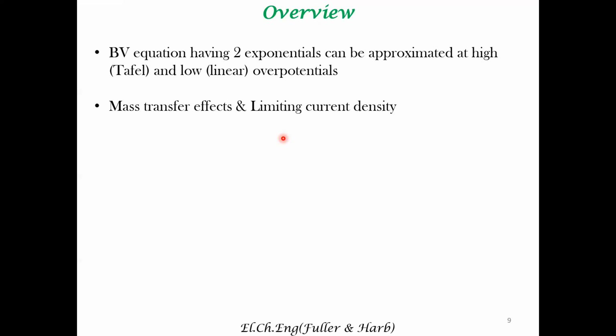Even when you increase the overpotential, the current no longer increases, and that limiting current density is a constant. It can be expressed using the mass transfer coefficient and the bulk concentration of the reactant.